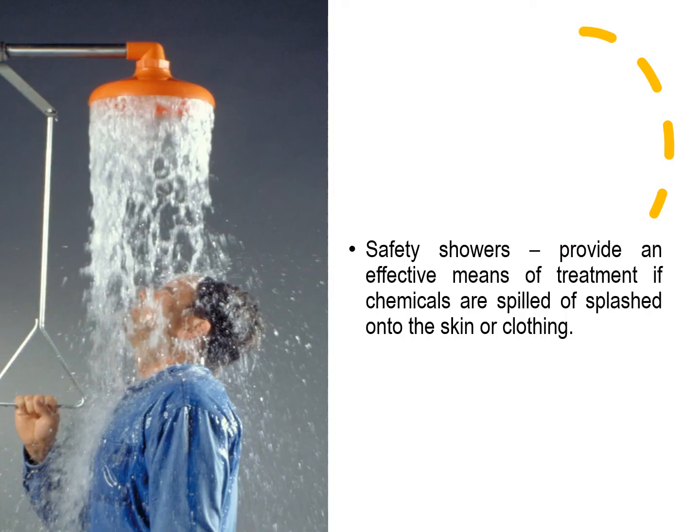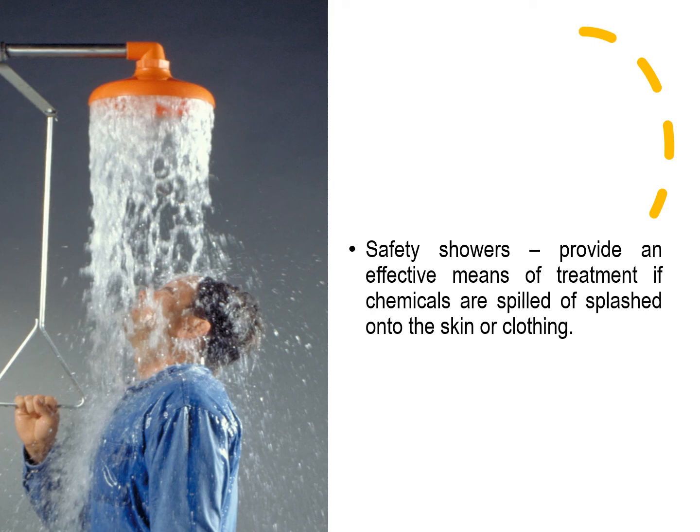Then we have our safety showers for accidental chemical spills to the body. Our safety showers provide an effective means of treatment if chemicals are spilled or splashed onto the skin or clothing. You don't need to take off your clothes when there are accidental spills.